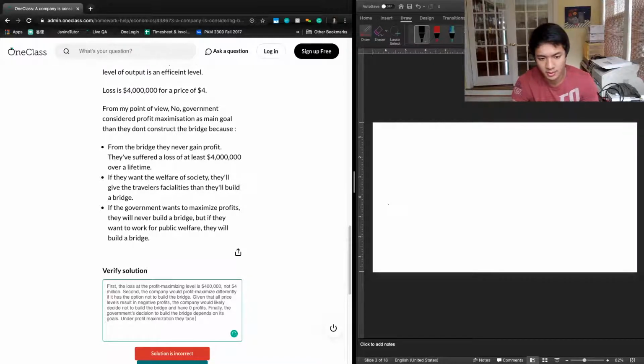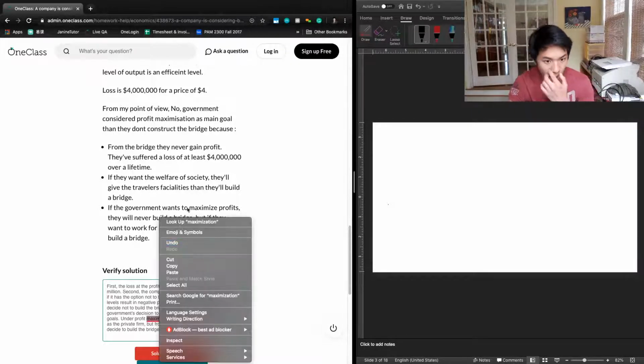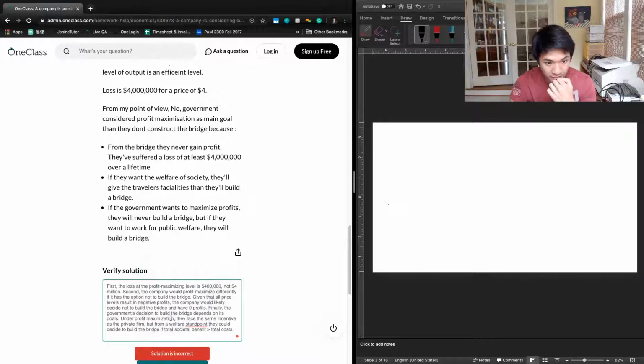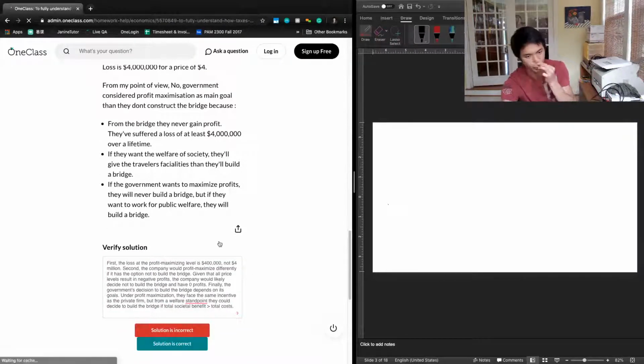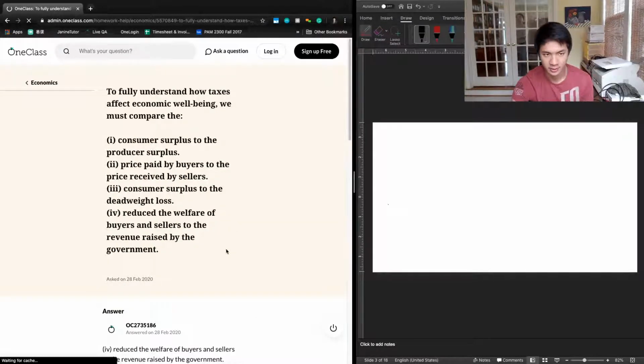They face the same incentive as the private firm, but from a welfare standpoint, they could decide to build the bridge if total societal benefit is greater than the total costs. Okay, and so the solution is still correct, but we just clarified a little bit of the answer.